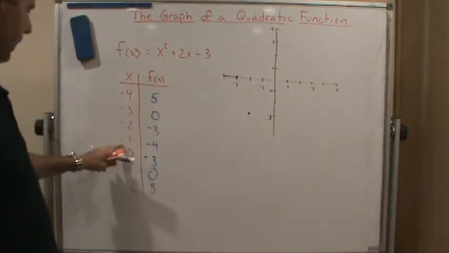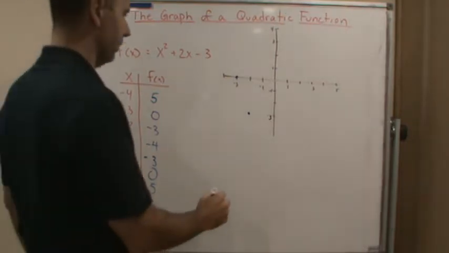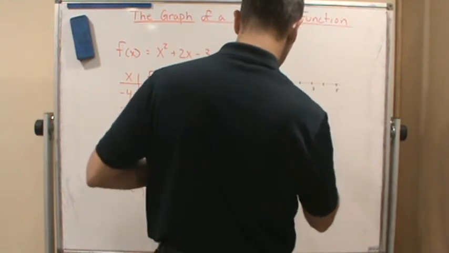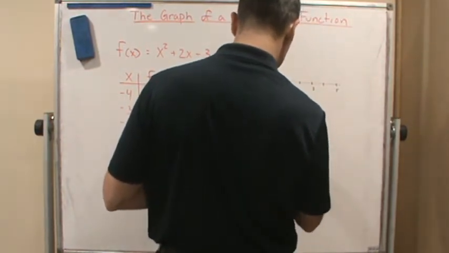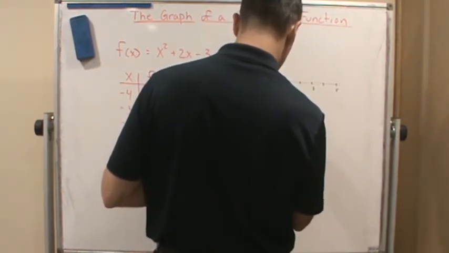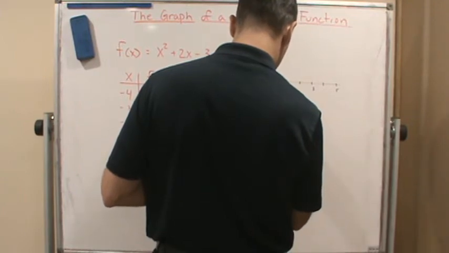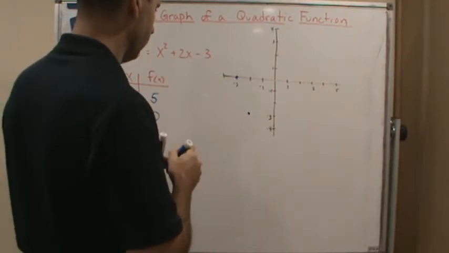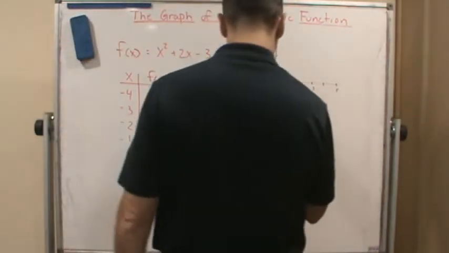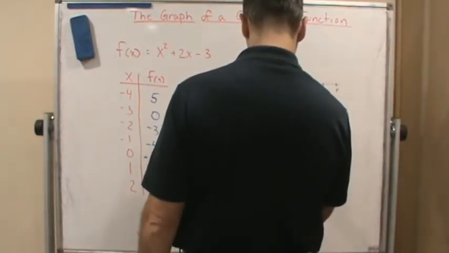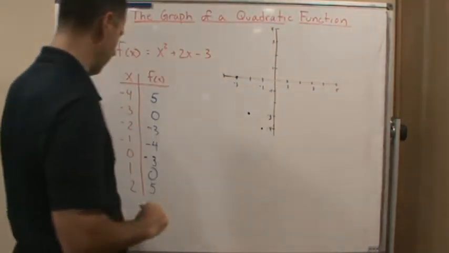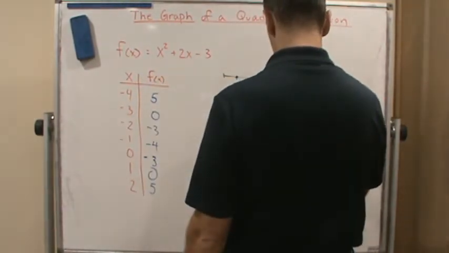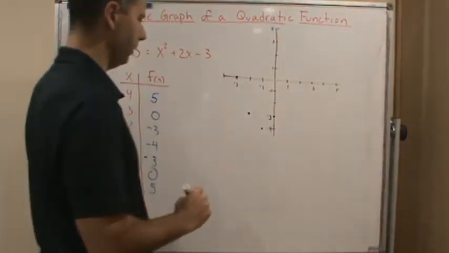Then -1, -4 is right here. Then we've got 0, -3, so we're back up here.